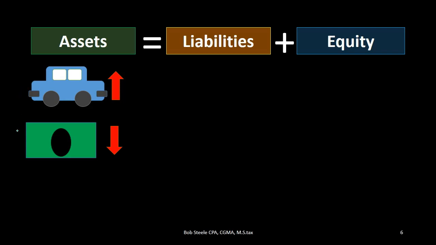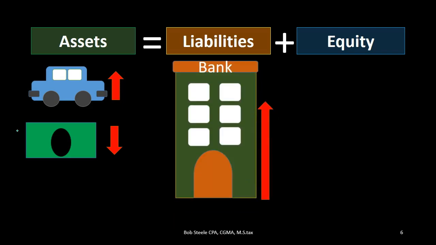We would then have cash, another asset, decreasing, and we would then have possibly a financing of part of the car, meaning we owe money, a liability, a loan of some kind, going up. The net effect of the assets in this case would equal the loan, meaning the amount of the car minus the amount paid would equal, of course, the loan that we took out in order to purchase the car.